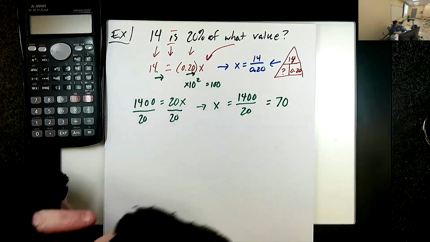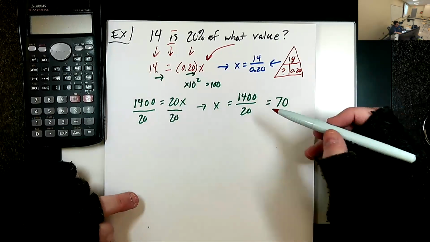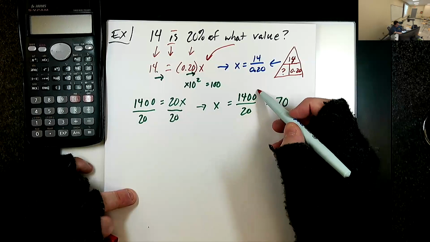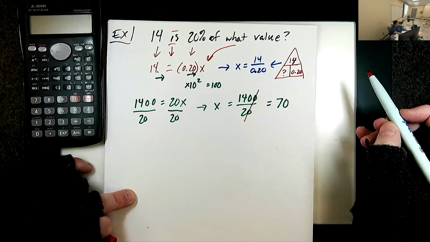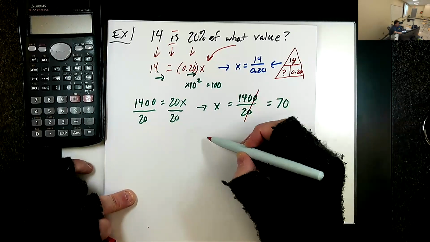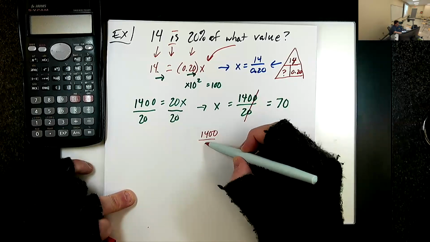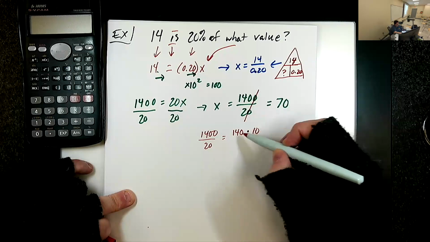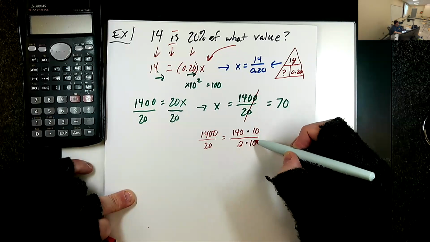When you have numbers like this, there's actually something pretty handy. When you have a 0 at the end of a number on top and bottom, you can actually cross zeros off like that. Because 1400 over 20 is the same as 140 times 10 over 2 times 10.